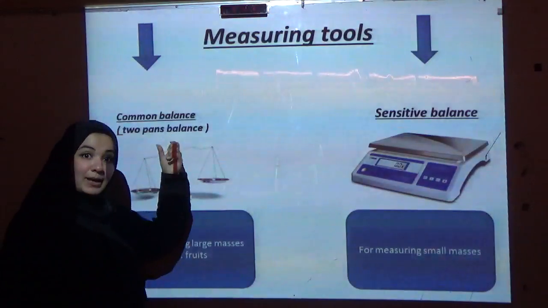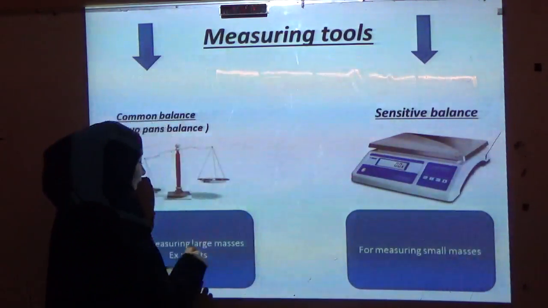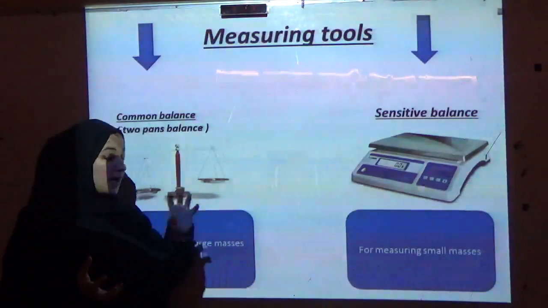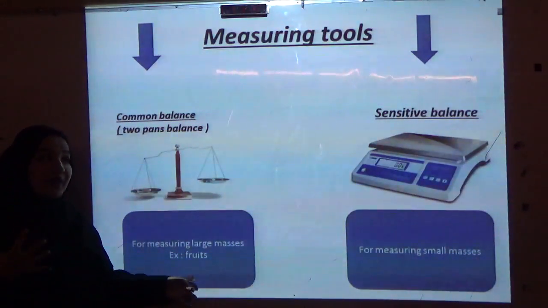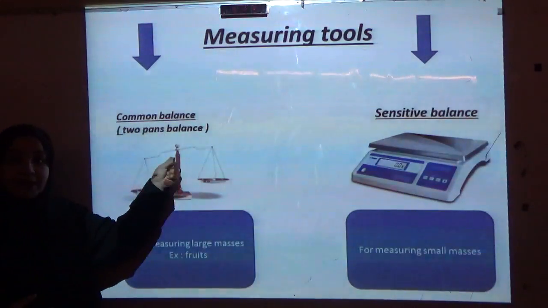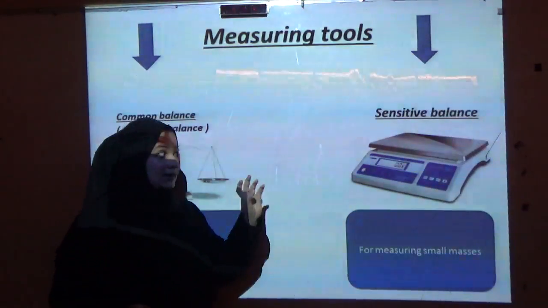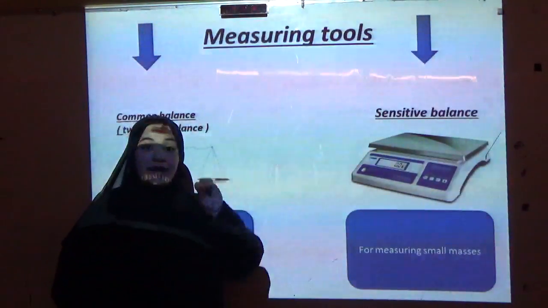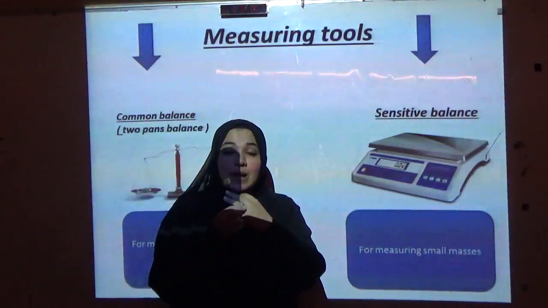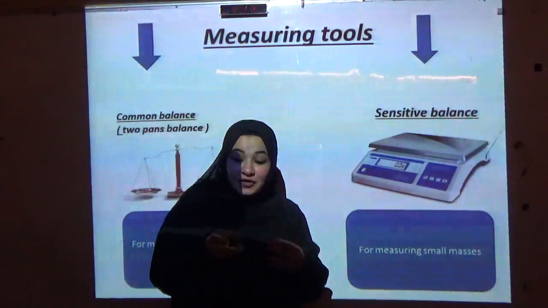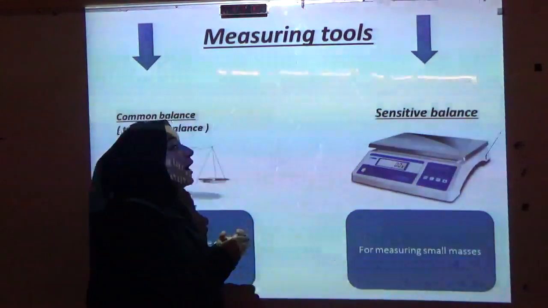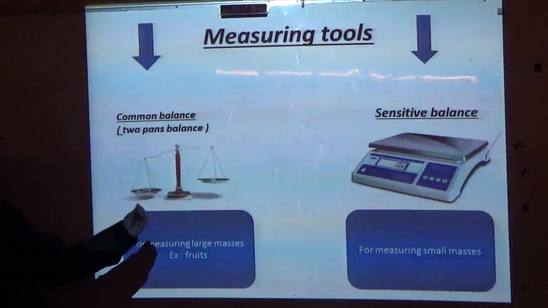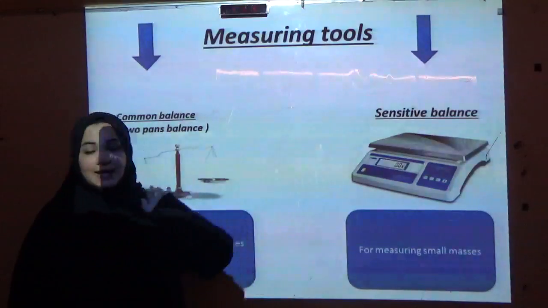When I have a large mass, a heavy object, like many fruits or vegetables, I use the common balance or the 2-band balance. While the sensitive balance, we always see in a place where we buy jewelry, because jewelry has small masses.